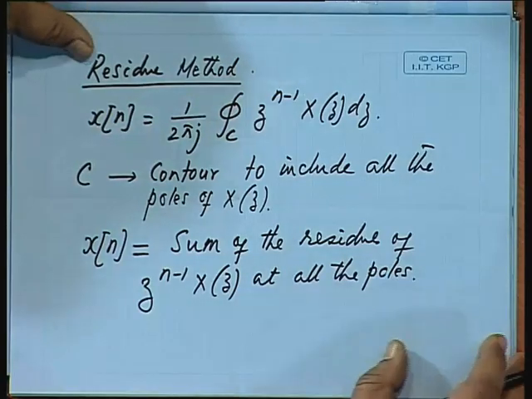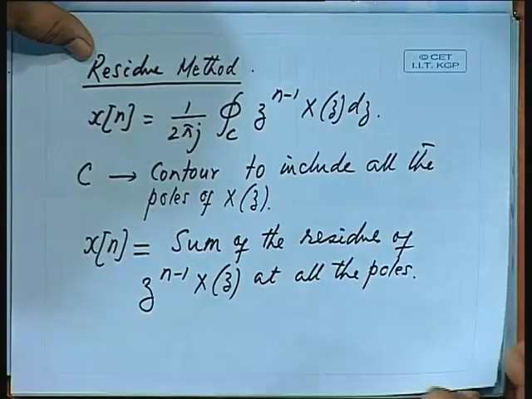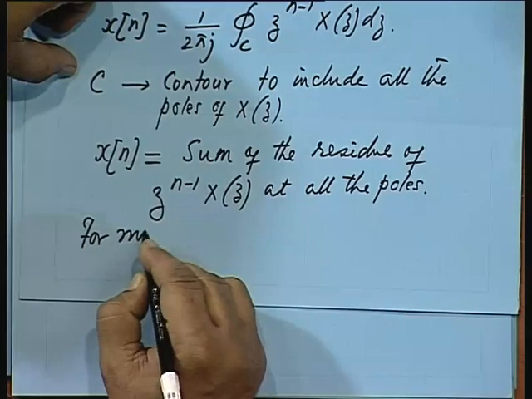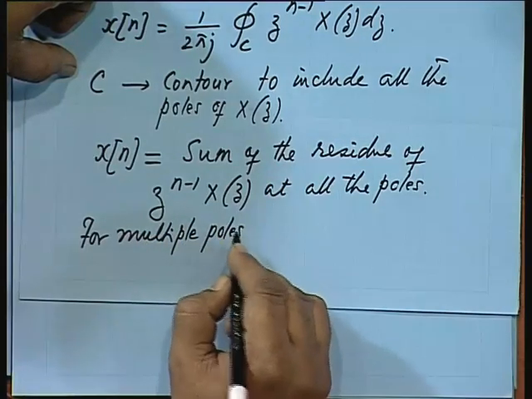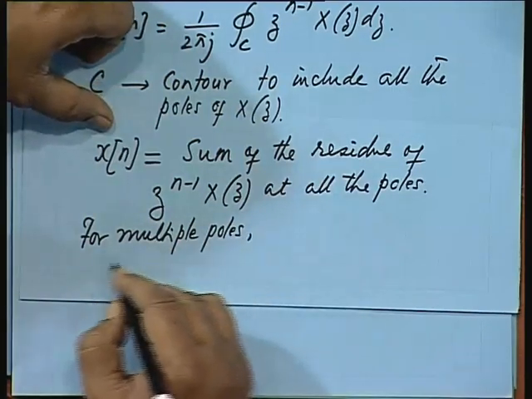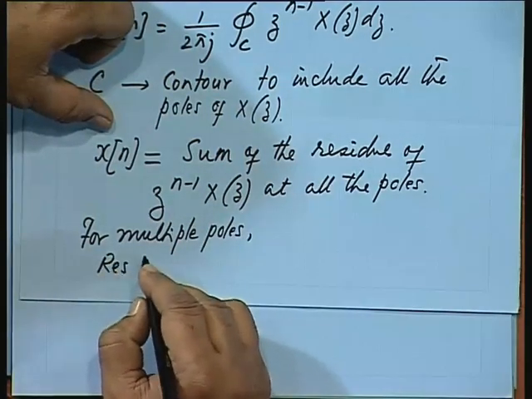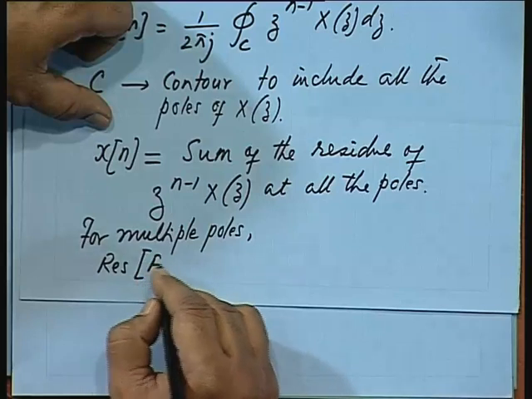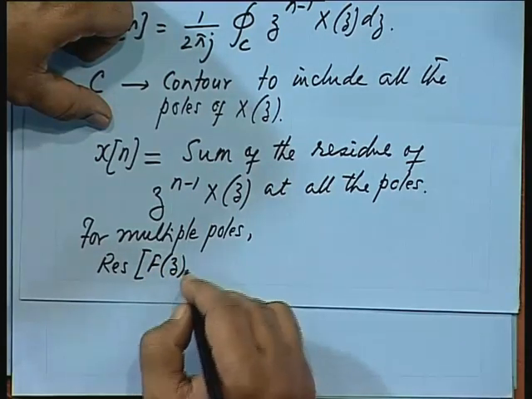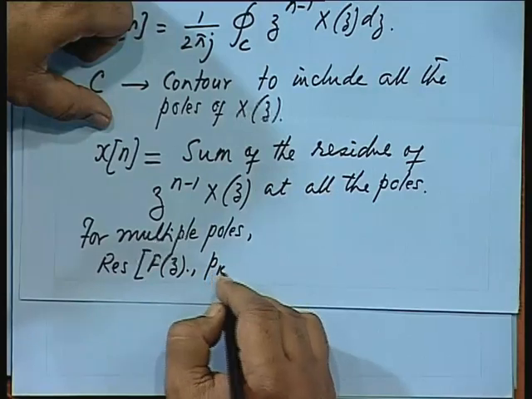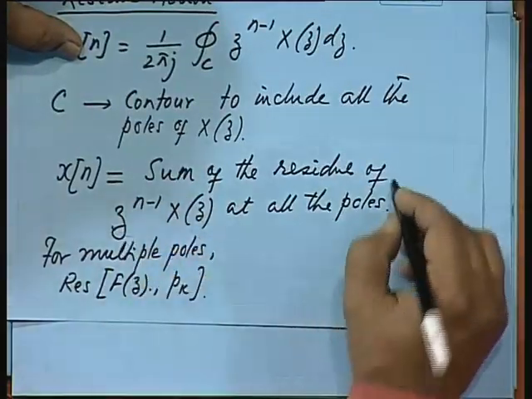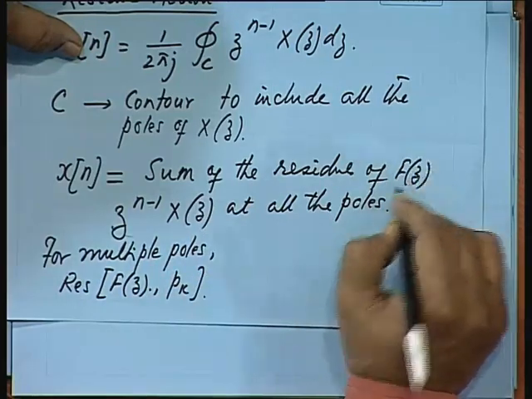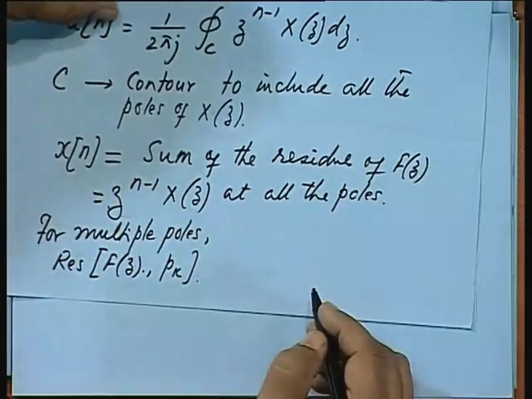And for multiple poles at a particular location, the residue is calculated as follows. Residue of f z at p k, where f z is this product, say f z equal to z to the power n minus 1 into x z.